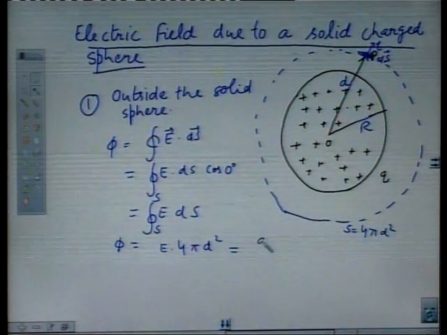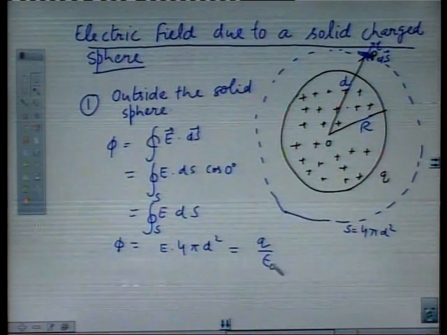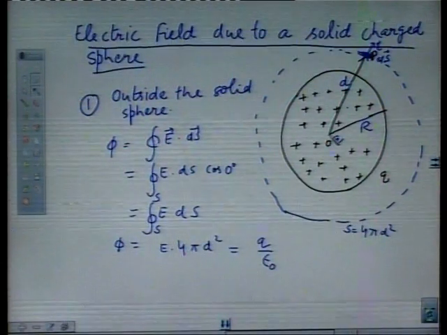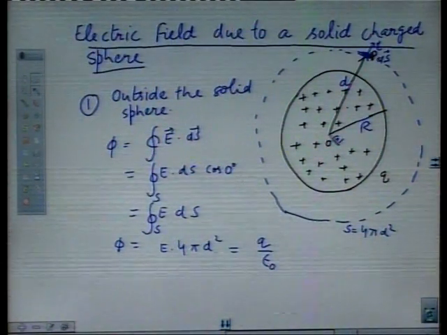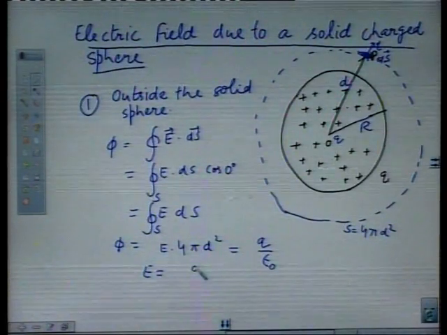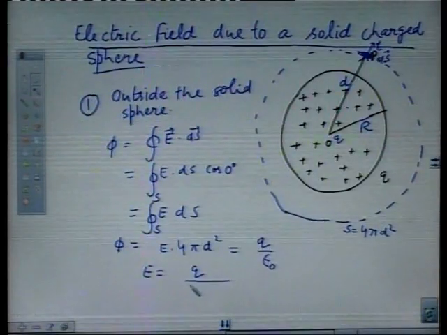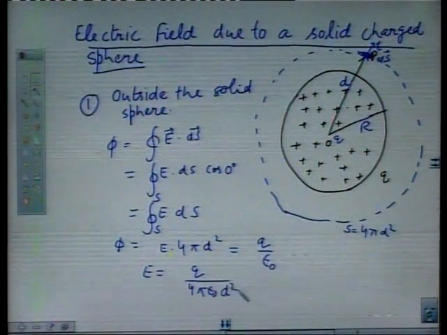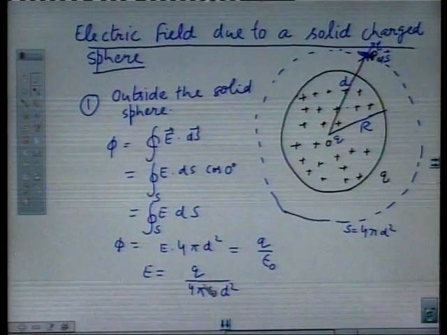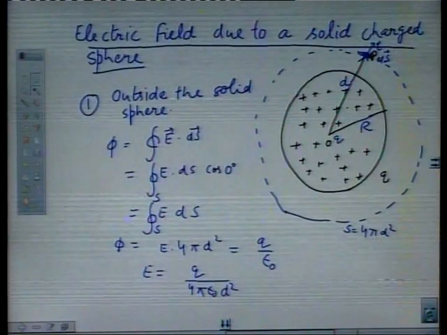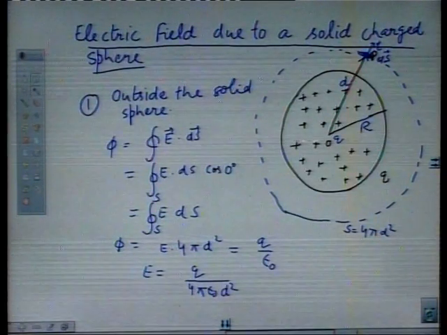This is also equal to q upon epsilon naught, because charge q is placed at this point. So, the electric field is equal to q upon 4 pi epsilon naught into d square. So, this is the formula for the electrical field outside the solid sphere.